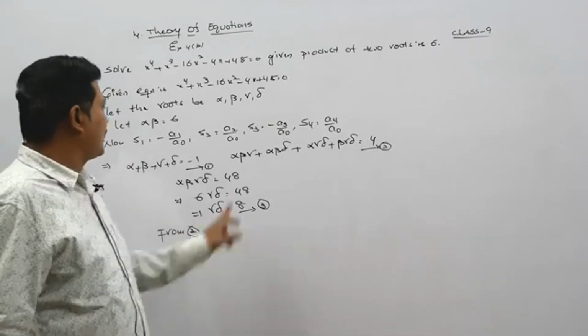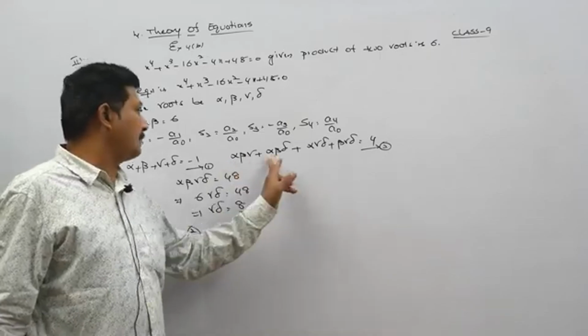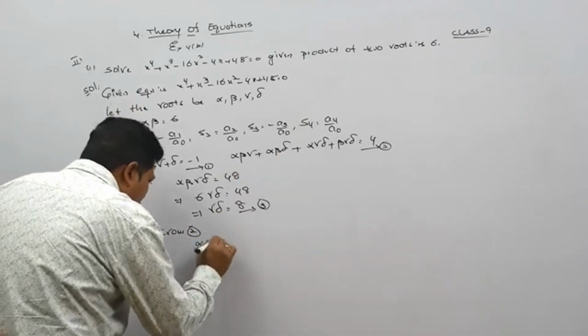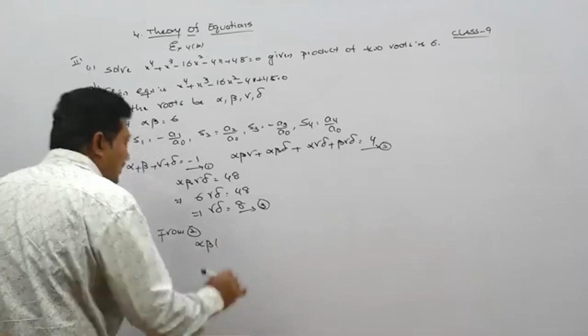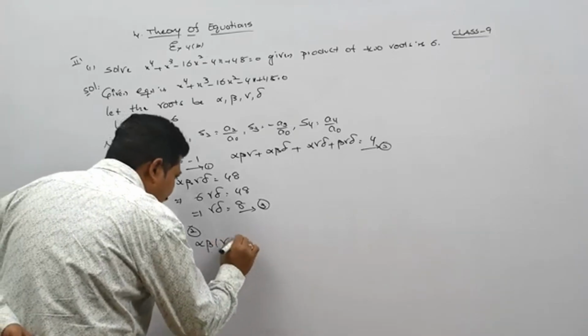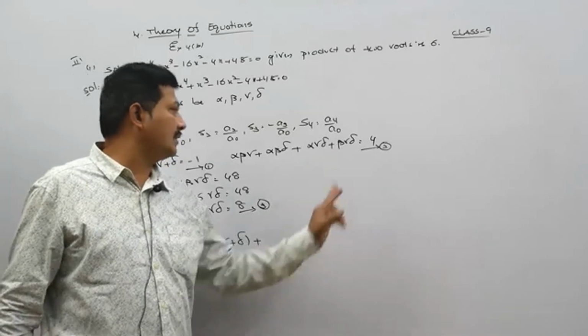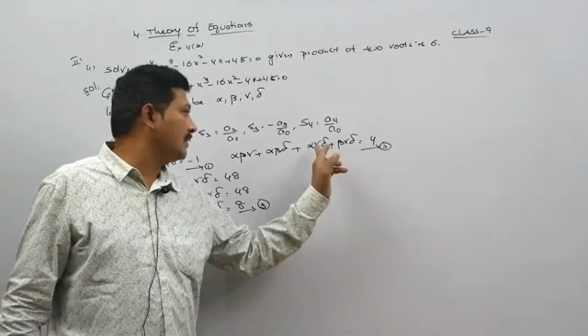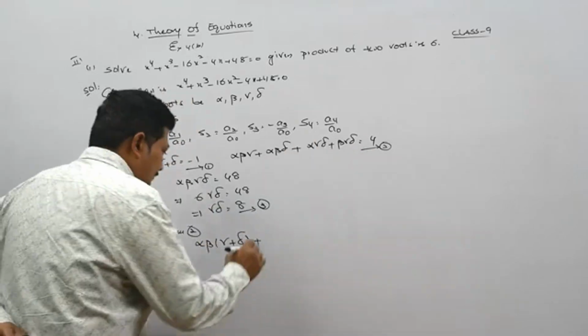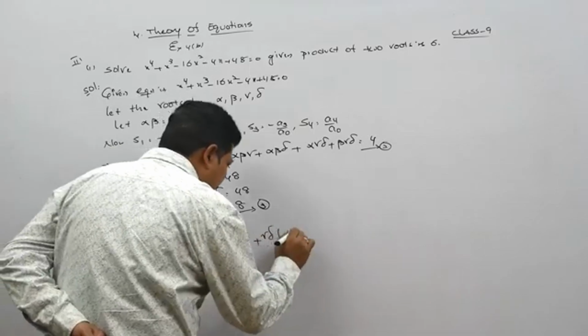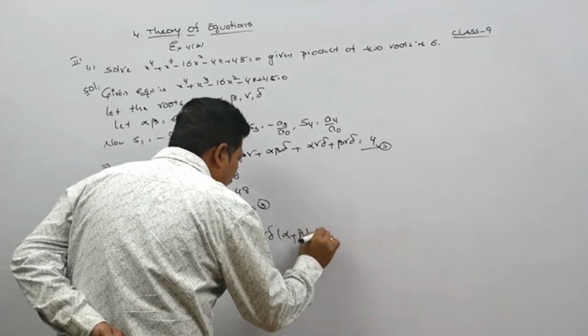Now here alpha beta gamma, alpha beta delta, taking alpha beta common, we can have gamma plus delta, plus here alpha gamma delta, beta gamma delta, taking common gamma delta, then alpha plus beta is equal to 4.